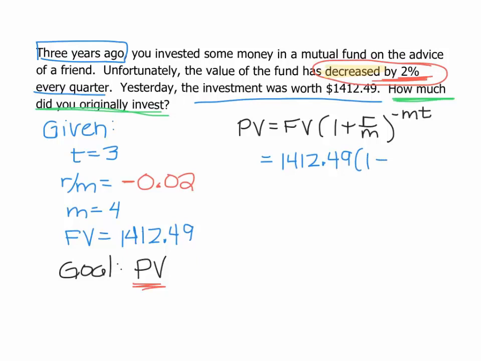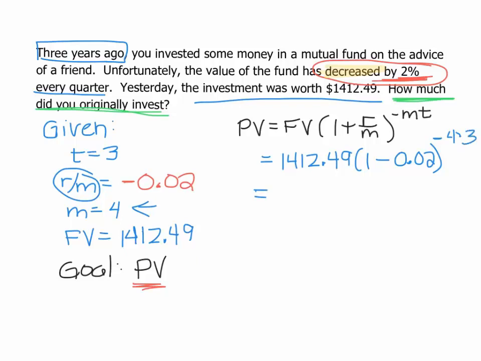We're going to have 1 minus 0.02. Notice here, I don't need to divide by that M because I've already done it with my R divided by M. And then my M is 4 and my T is 3.